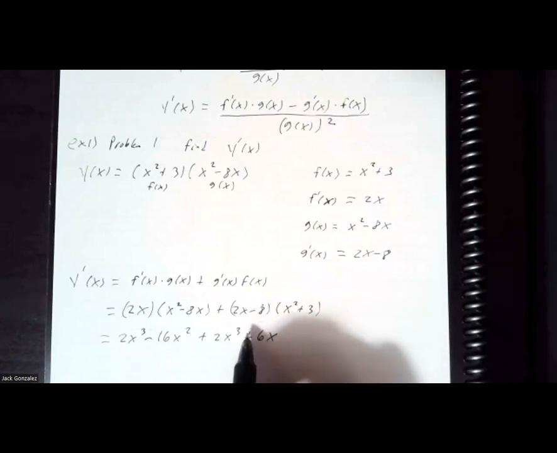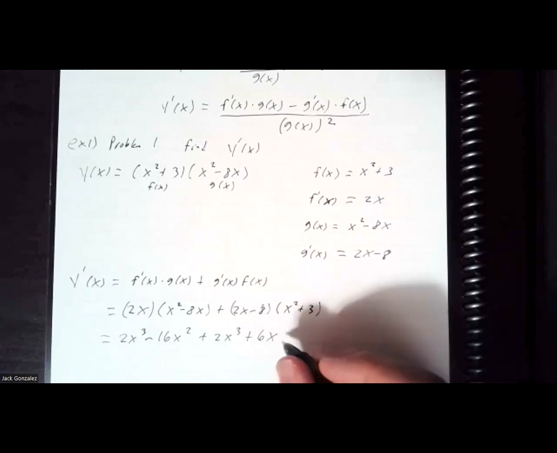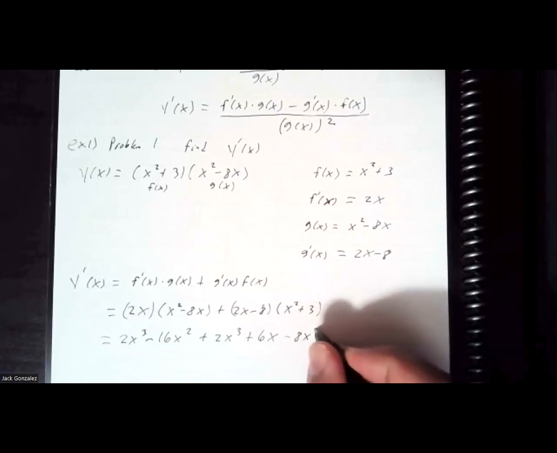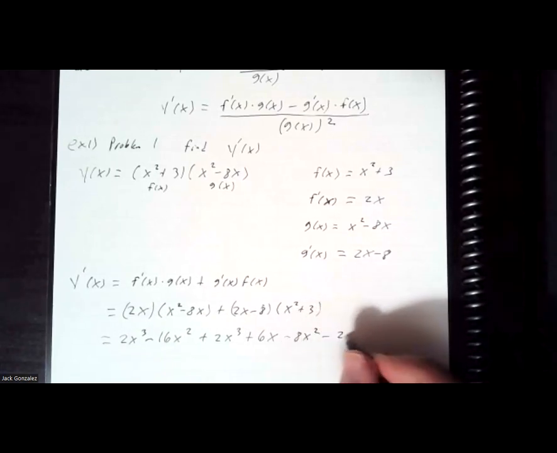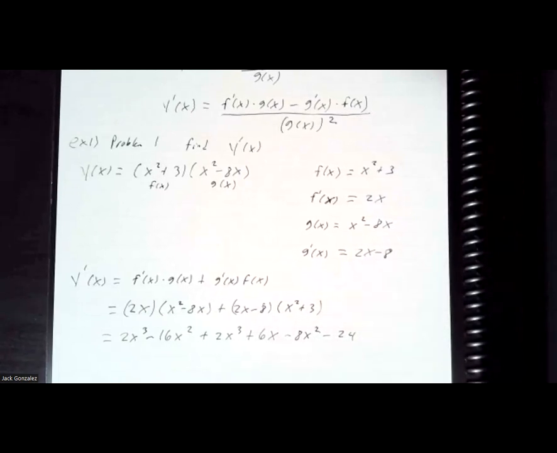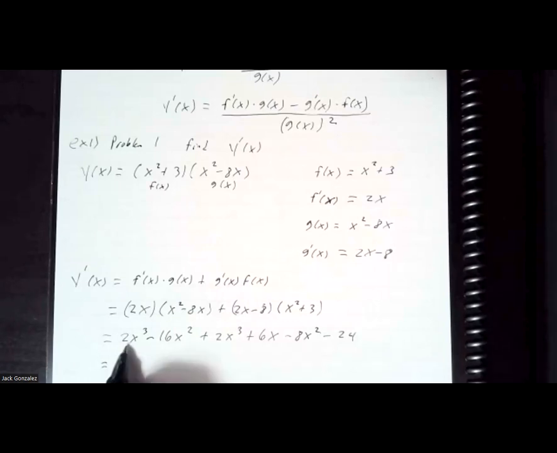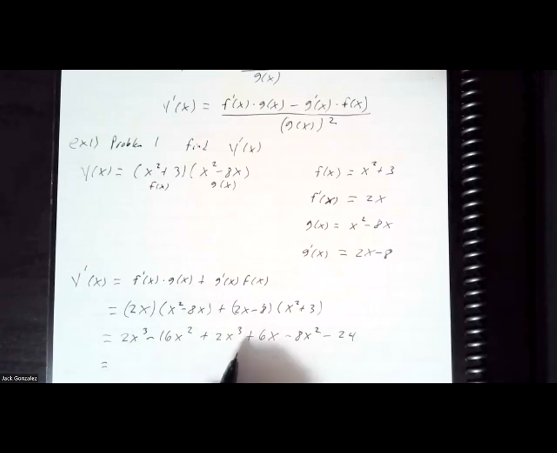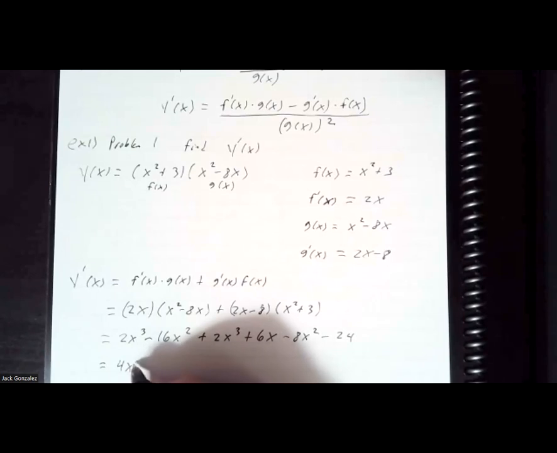Double check there. Yeah. Okay, so there's the distribution. Now combining like terms, we have a 2 and a 2 cubed. So 4x cubed.